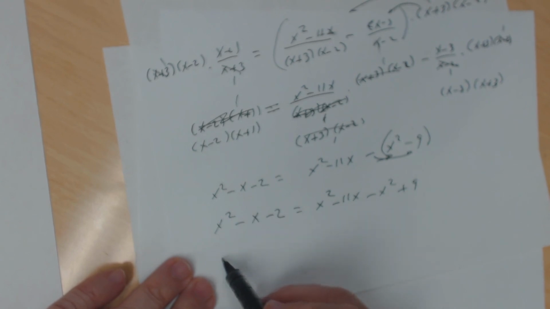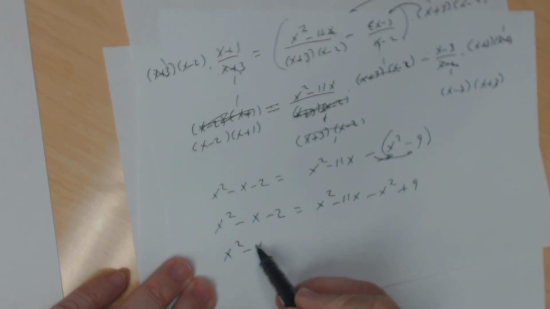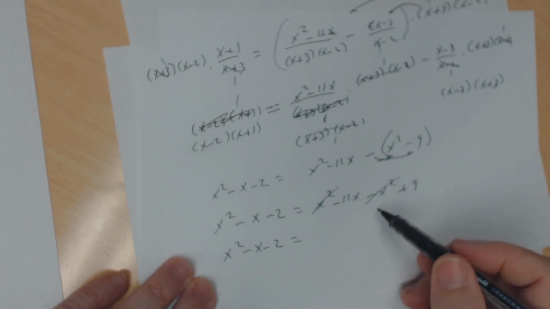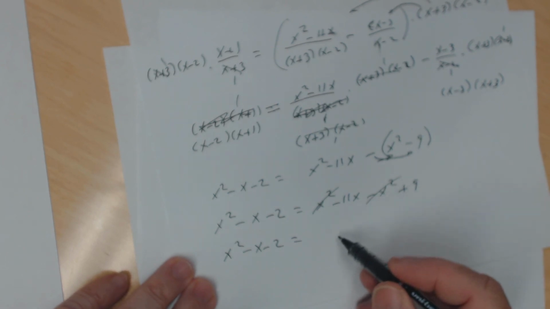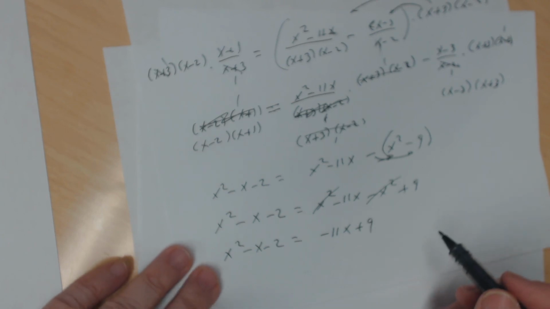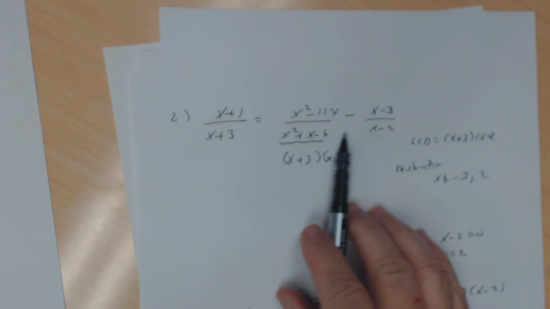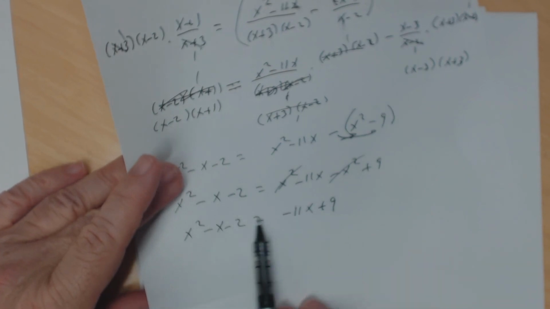All right, combining like terms on each side. The left-hand side has no like terms, so we'll just rewrite it. On the right side, the x squareds add up to be 0, and you're left with negative 11x plus 9. Now notice I went from a rational equation to a quadratic equation.